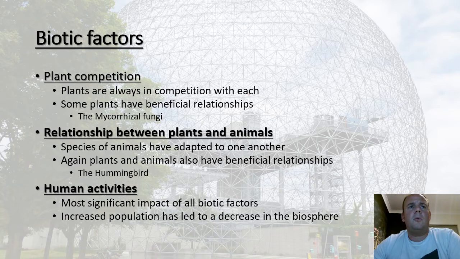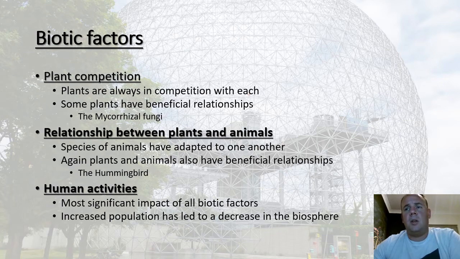Then there's the relationship between plants and animals. Species of animals have adapted to one another. Plants and animals also have beneficial relationships, like the hummingbird. The hummingbird takes the pollen out of the plant that it likes to eat and then distributes it elsewhere. It's those activities that help both animals and plants to live in harmony, as well as preserving the number of species of each of those plants and animals.